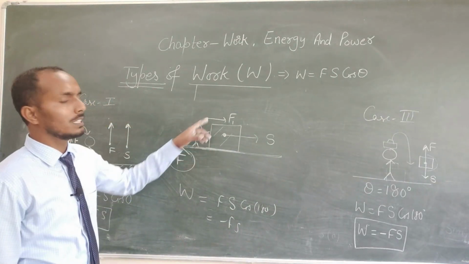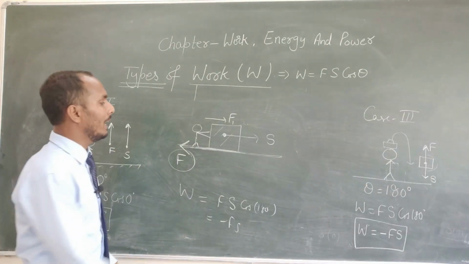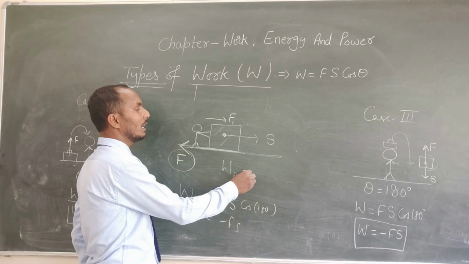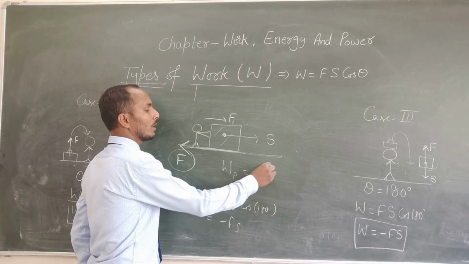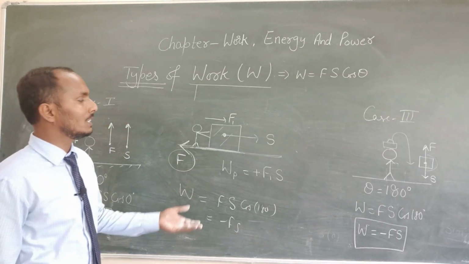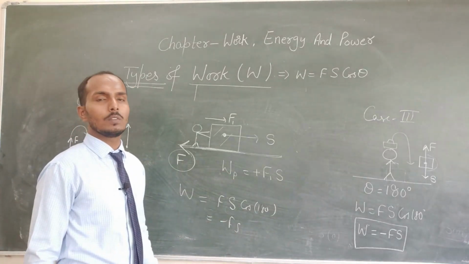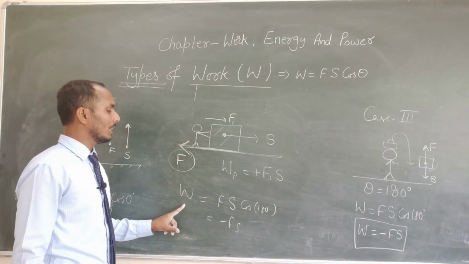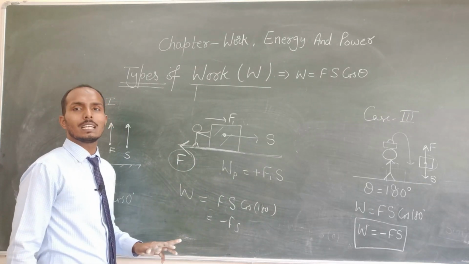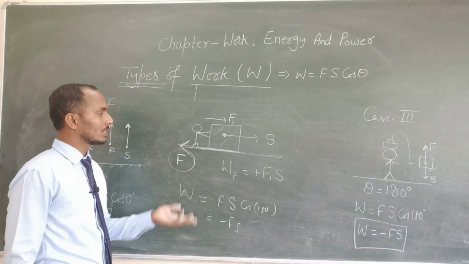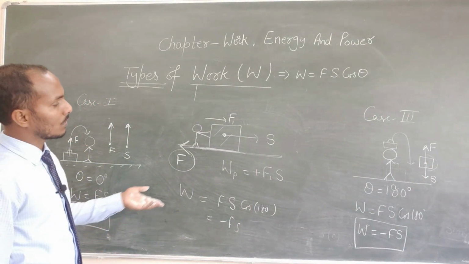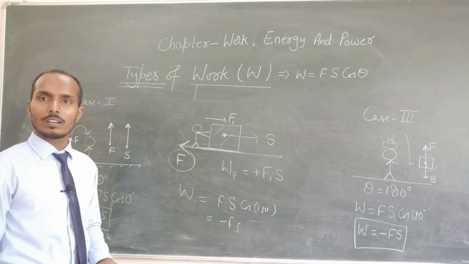Then the work done by you, the person, is positive, F1s, because the angle is 0 degrees. But work done by friction is negative work. I hope you understand the types of work this way.